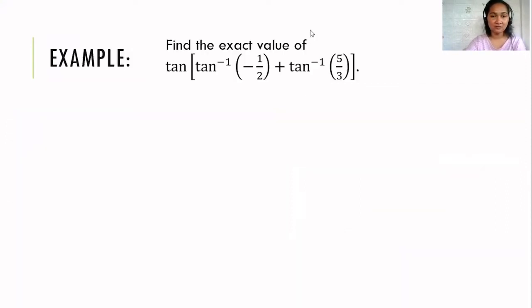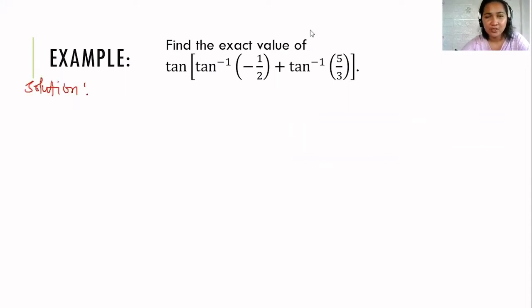Let us try to find the exact value of this expression: the tangent of the quantity, tangent inverse of negative 1/2 plus tangent inverse of 5/3. For this expression, let's write our solution here.